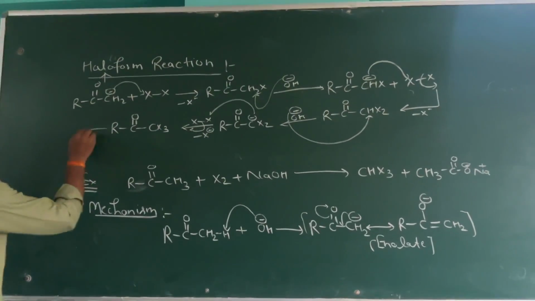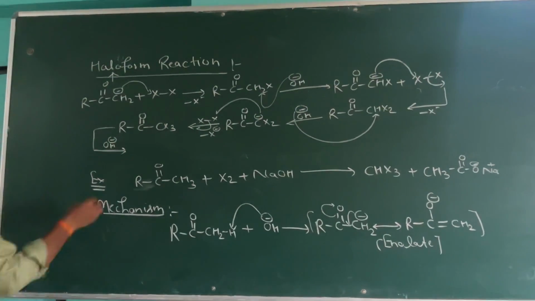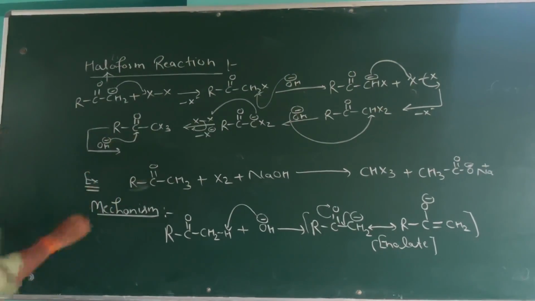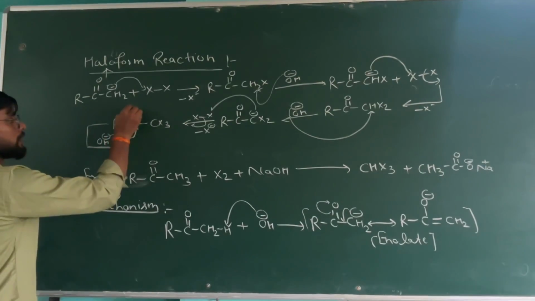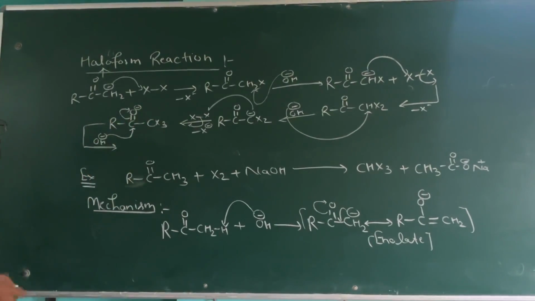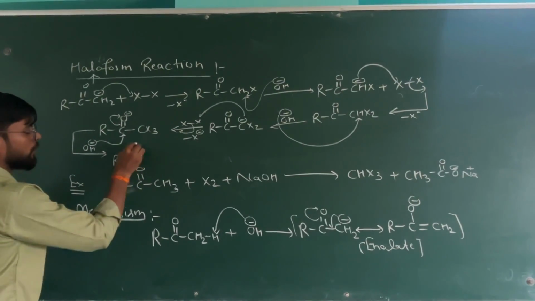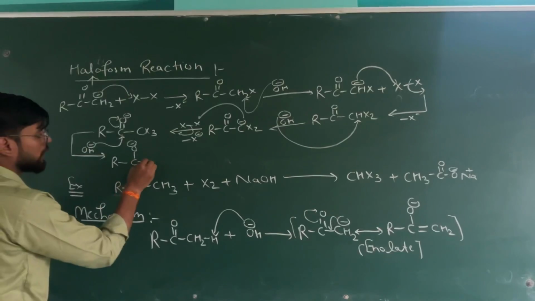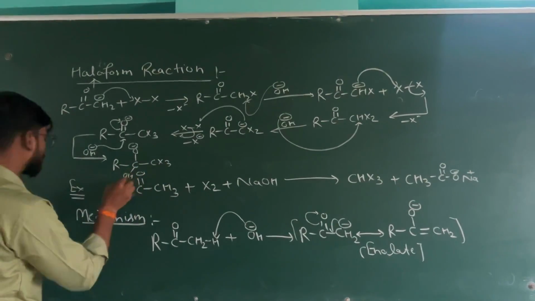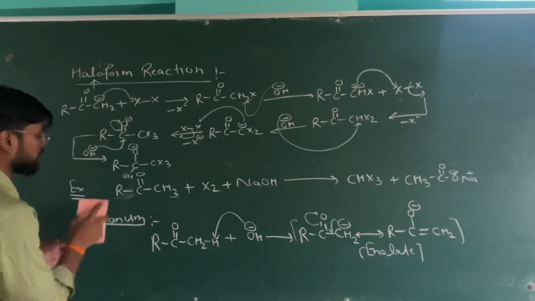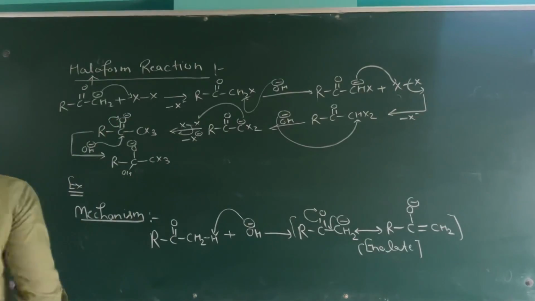Now again, the nucleophile base OH minus attacks the electrophilic center, the C double bond O carbonyl center, and this pi bond shifts, creating the negative charge. So here forms RC-O minus, with CX3 and OH.